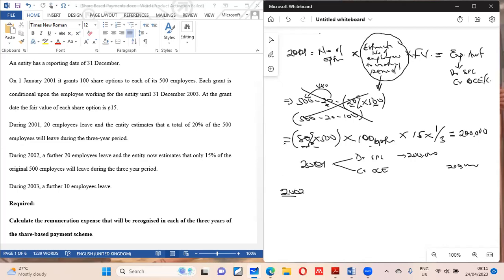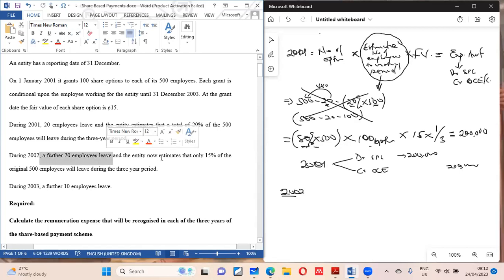All right. So the thing is that please be mindful. In estimating the number of employees who are expected to be there, you have to be very, very careful. It's a matter of English. It's not anything accounting or anything. I think the ladies should be able to understand it better, because I always say, ladies, your English is better than the gentlemen's. So what it's saying is that a further 20 leave, and the entity now estimates.